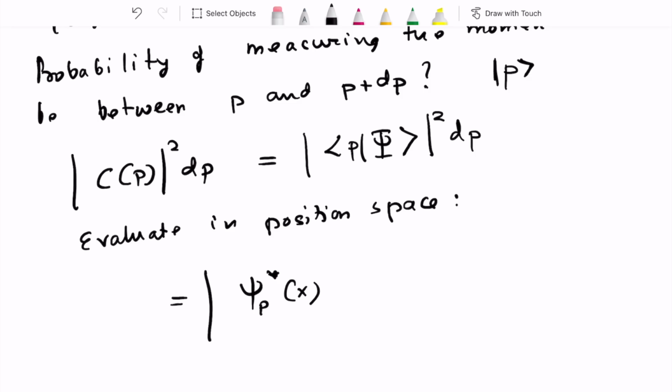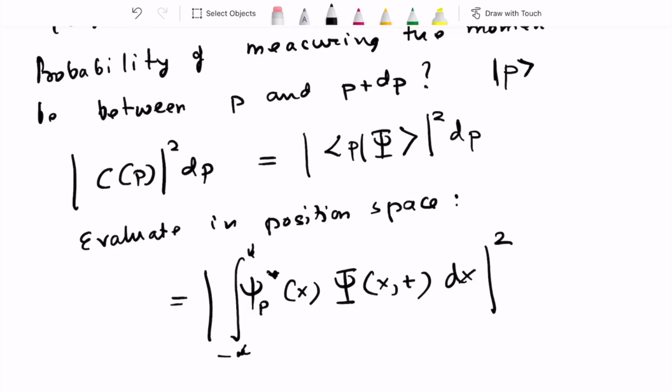And I put a star because we are taking a scalar product. And then the position space representation of the state capital psi is just the position space wave function, which is psi of x, t. That's it. And then we have to do an integral from minus infinity to plus infinity over x, and that is the scalar product, squared, dp.